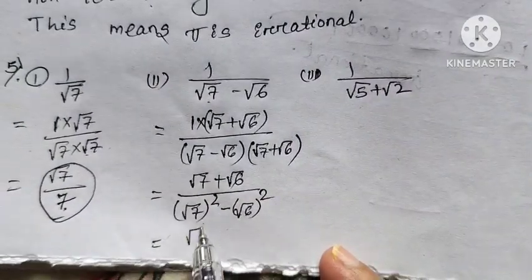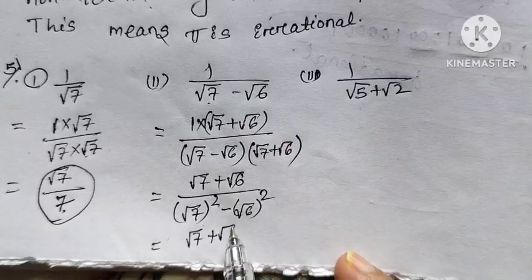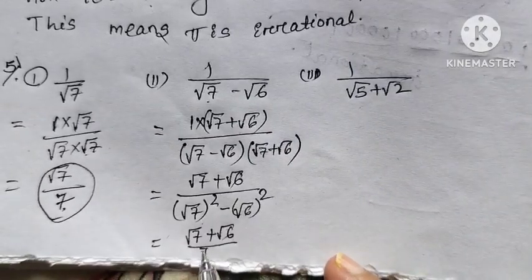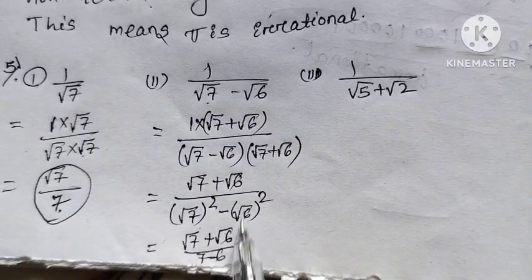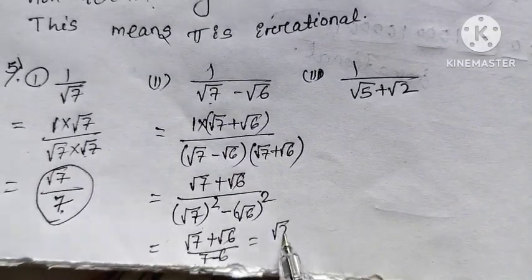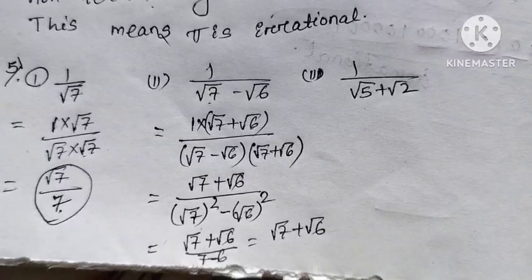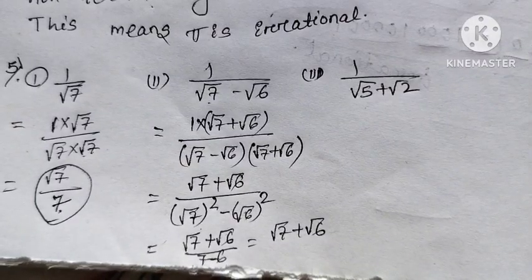This is equal to root 7 plus root 6 divided by 7 minus 6. This is 7, this is 6. Then root 7 plus root 6, because 7 minus 6 is what?